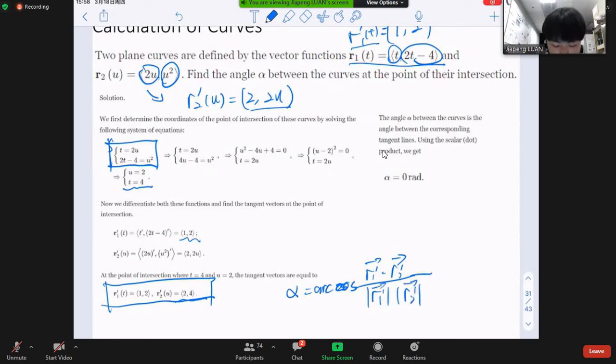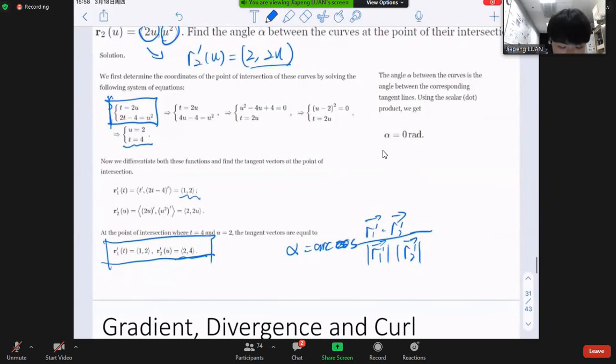So that is how to calculate the angle. But before you calculate, you can see that this is (1, 2), and this is (2, 4). So apparently they are parallel. So you don't need to calculate this. The angle is just 0. Okay.